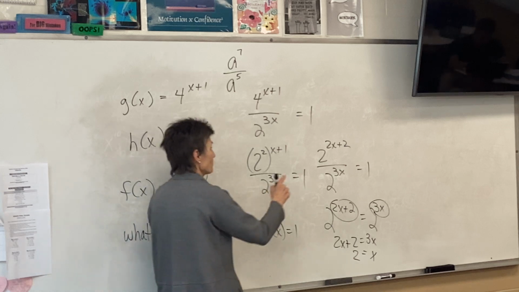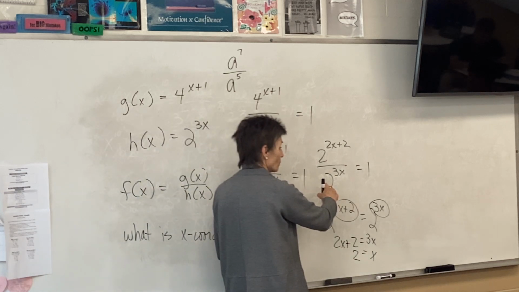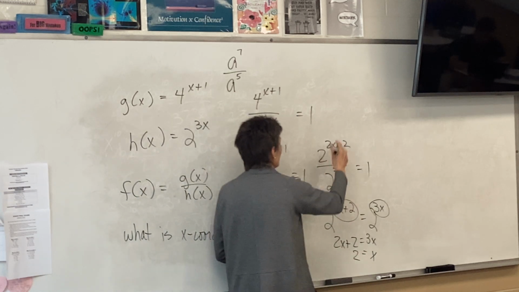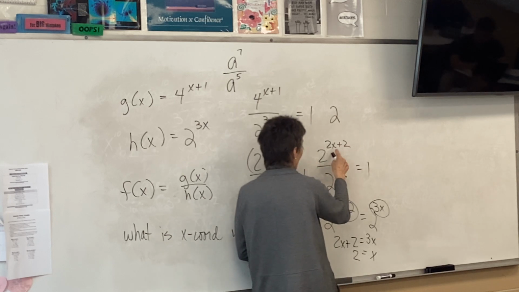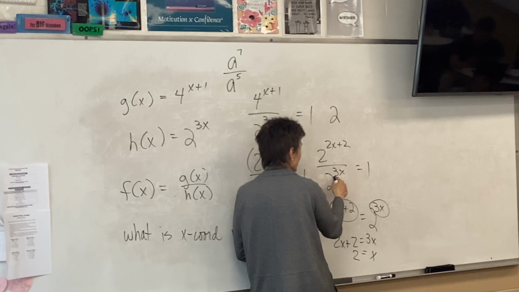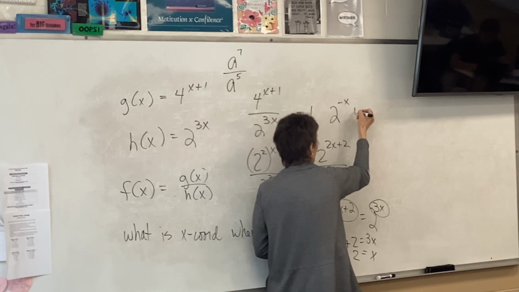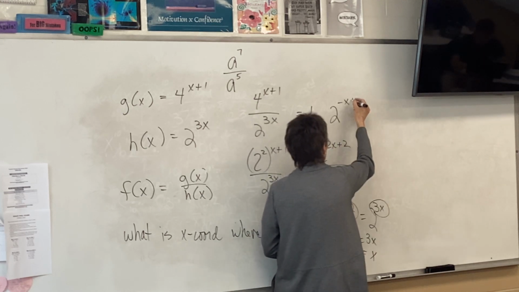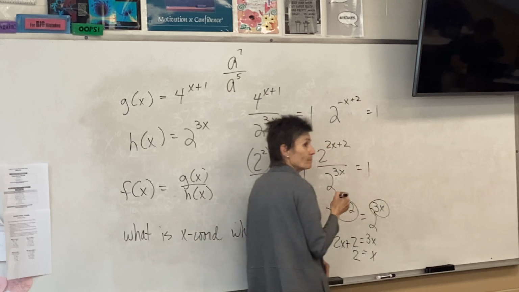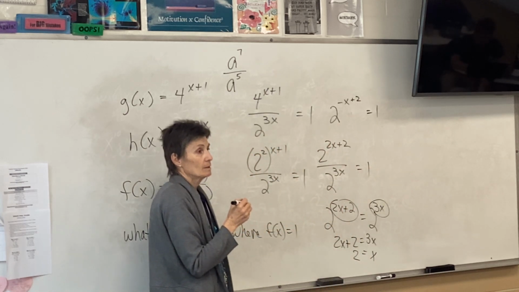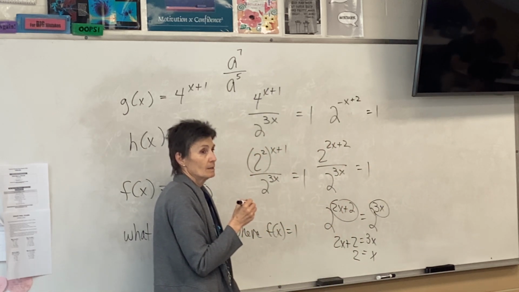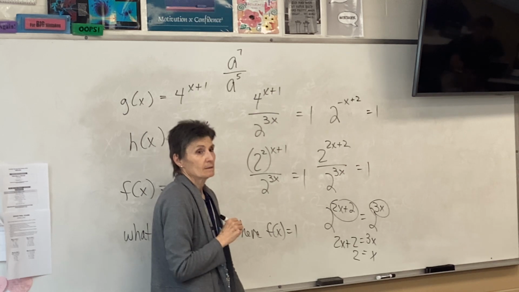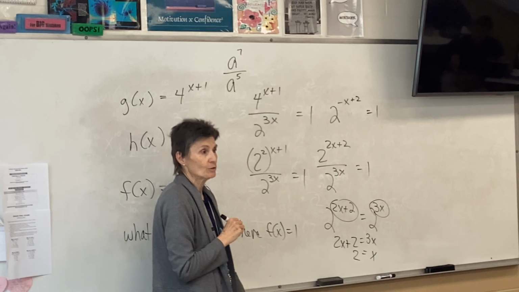If you subtracted the exponents, which is perfectly fine, you would have 2 to what power? If you subtracted these, negative x plus 2 equals 1. 1 is a power of 2.